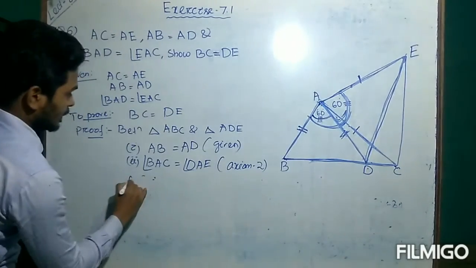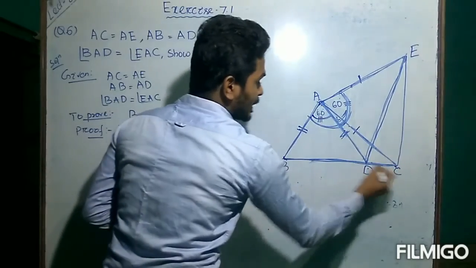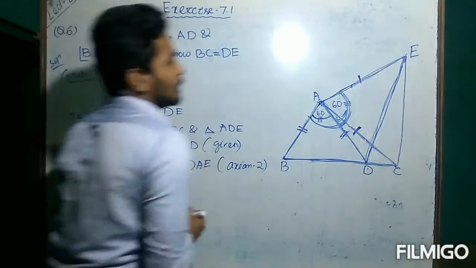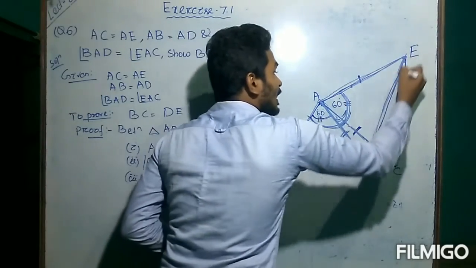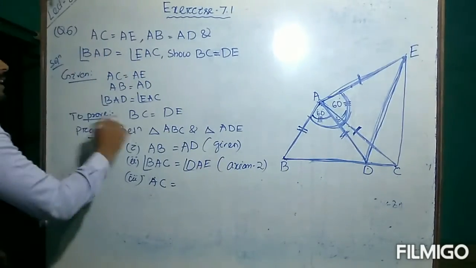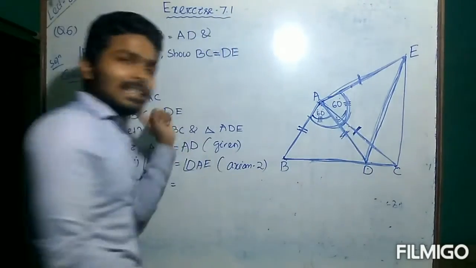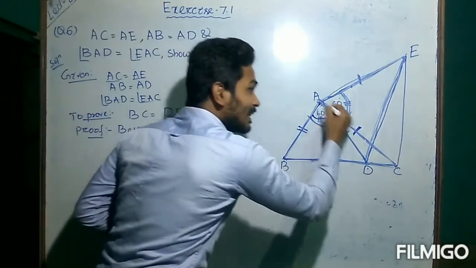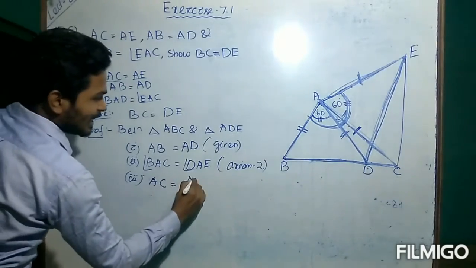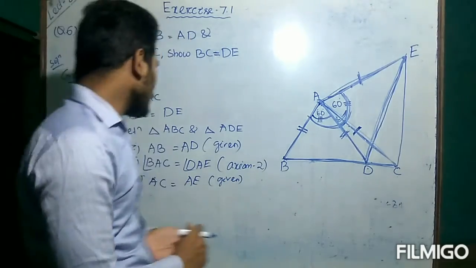Next. Now you see, in triangle BAC, this side AC is equal to this side AE of triangle ADE, or not? Yes, it is already given that AC is equal to AE. So in this triangle, side AC is equal to, in this triangle, side AE. Why? Because it is given. Now what do we find?